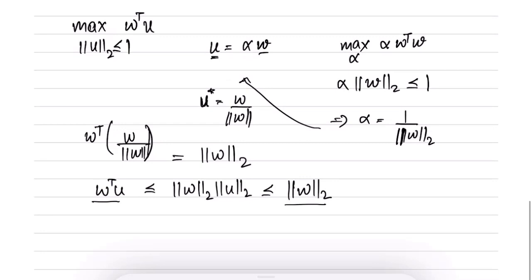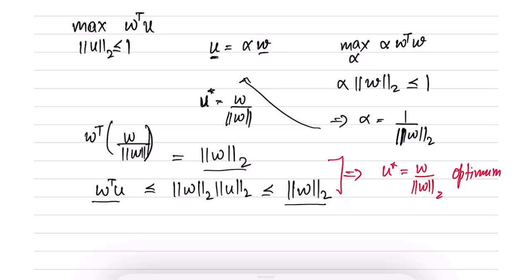And we are saying that if we pick u of this form, then we already get norm of w as the objective function, the maximum value of the objective function. So therefore, this must be the optimum. These two combined imply that u star equal to w divided by norm of w is the optimum, because at this point we are getting the maximum value that the objective can take from the Cauchy-Schwarz inequality.